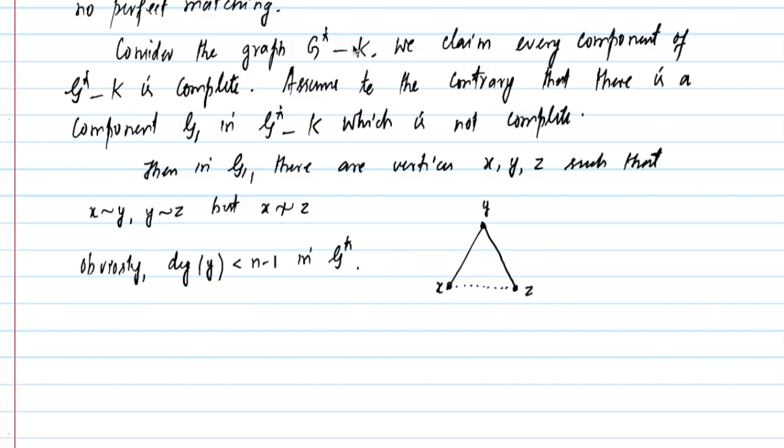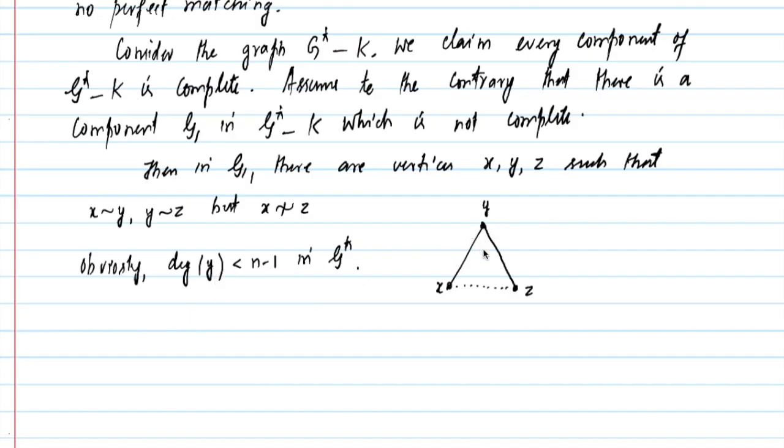Now we have removed all the vertices of K from G star, that is, all the vertices whose degree is equal to n minus 1, and obtained the graph G star minus K. And we have chosen this component G1 from G star minus K. So obviously G star minus K will not contain any vertex of degree n minus 1. Therefore y, being a vertex of G1, must have degree less than n minus 1.